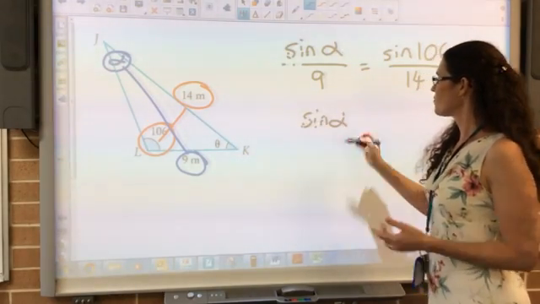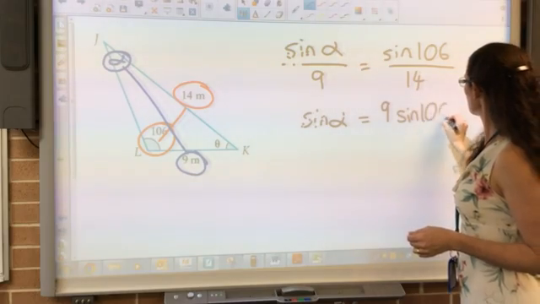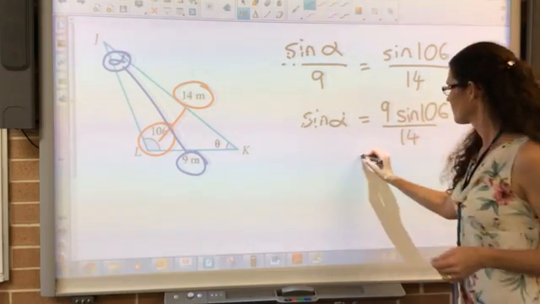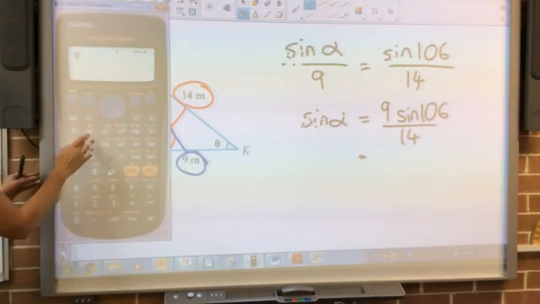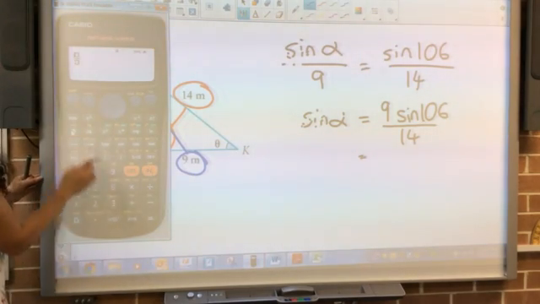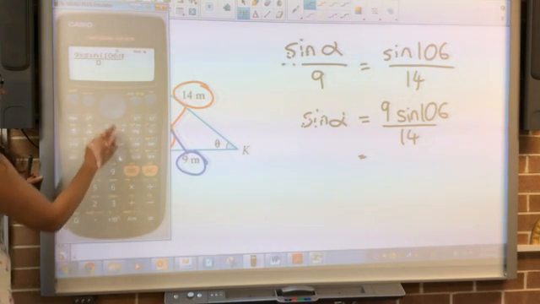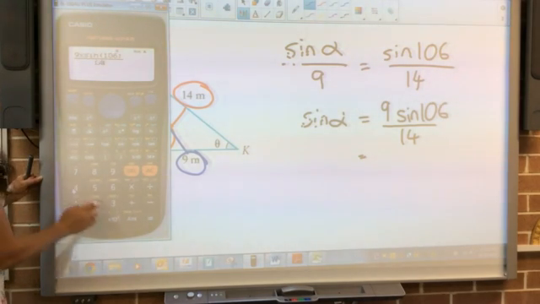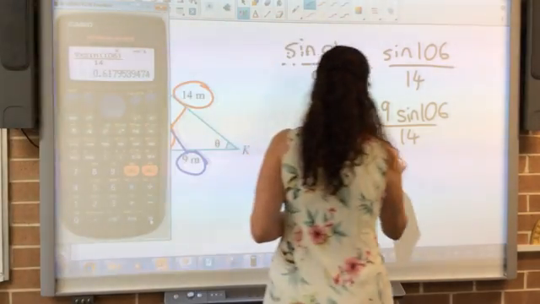So sine alpha is 9 sine 106 on 14. And the calculator will tell us, over 14, I've got 0.617.